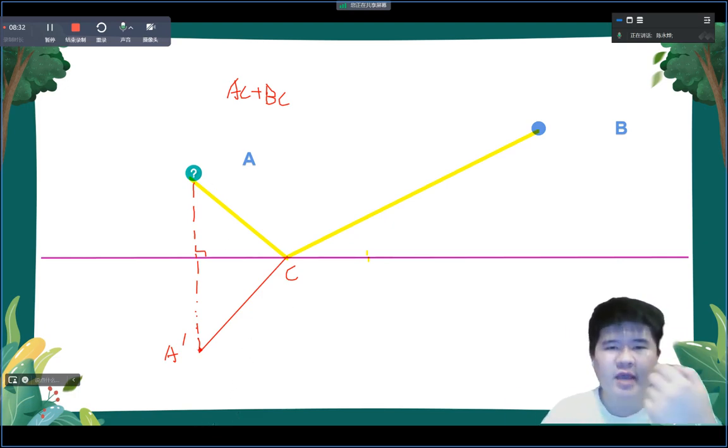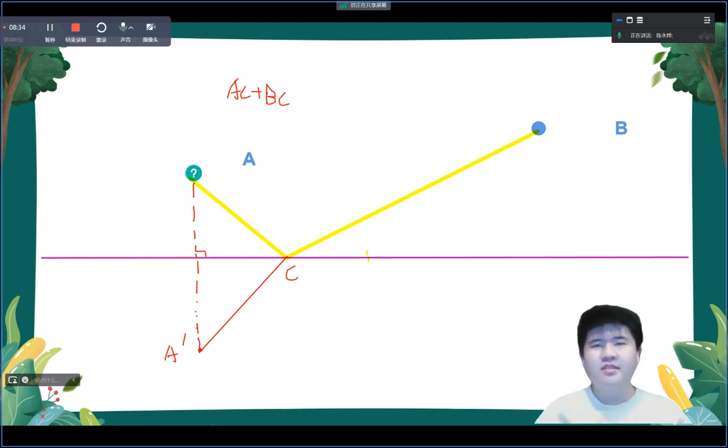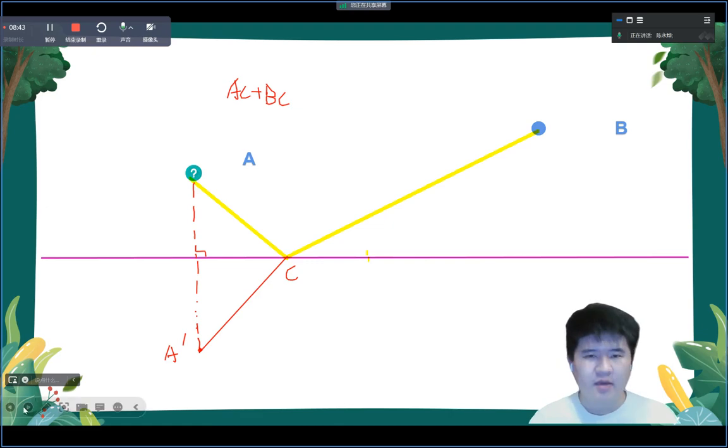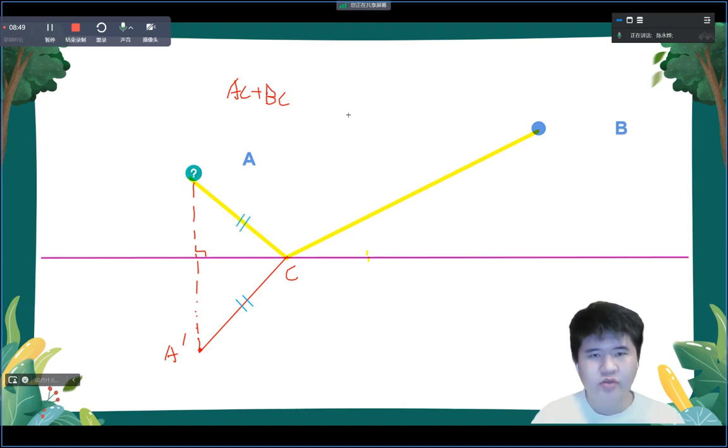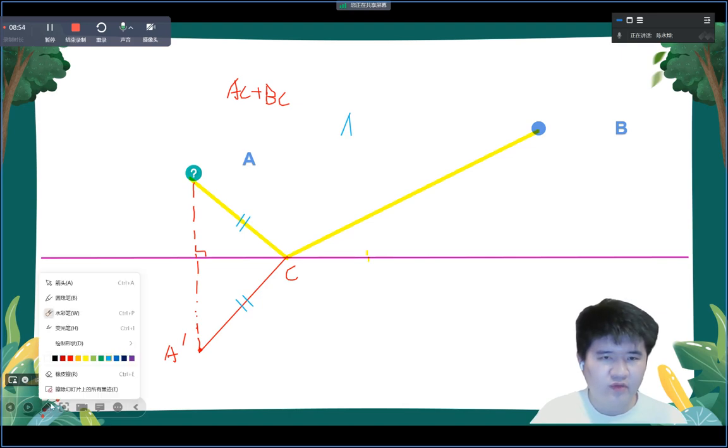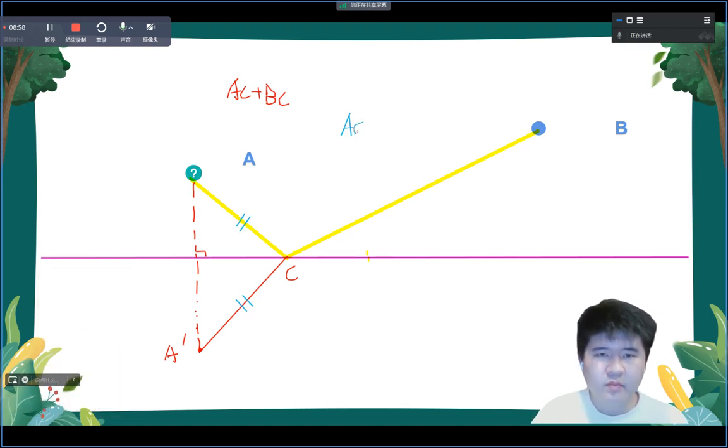It's totally the same, because A prime and A are symmetry points, and point C is just on the line. So when we connect A and C, and A prime and C, these two segments are totally the same. We find AC equals A prime C.